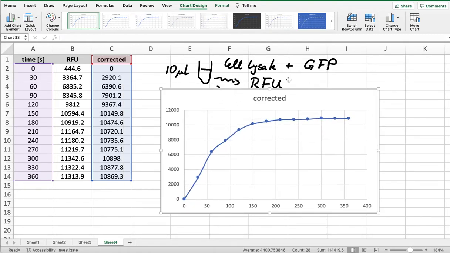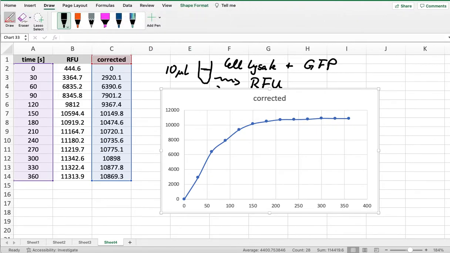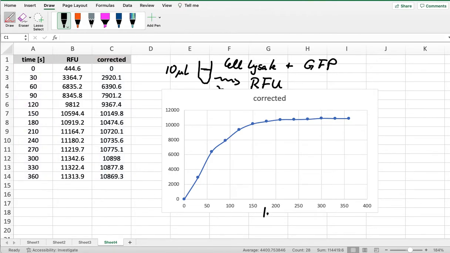So here on the x-axis, we have the time in seconds. And on the y-axis, we've got our relative fluorescent units here. And what we want to know actually is how much protein do we actually produce per time unit.